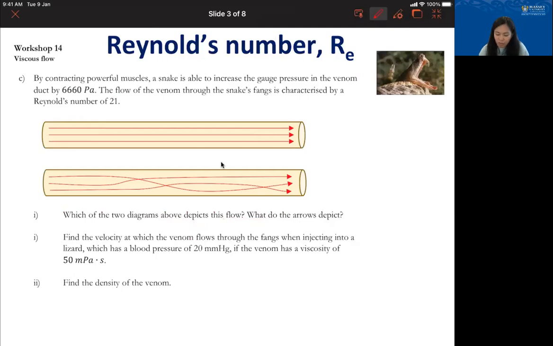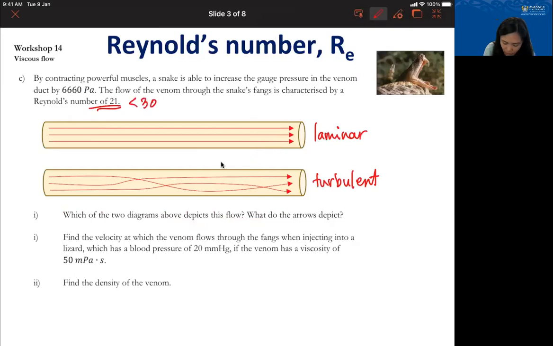The red lines show you the streamlines of the fluid flow. The top one is laminar flow, right? And the bottom one is turbulent flow. The Reynolds number is 21.